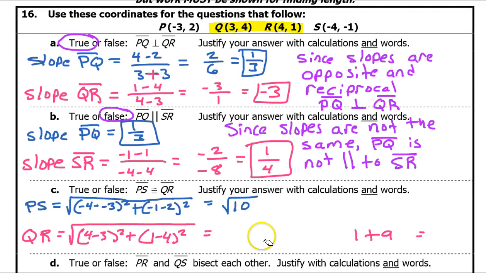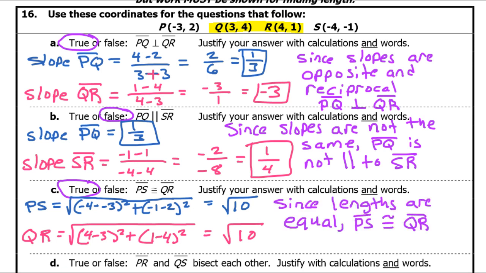I'm just going to compress this down so it all matches up. So this turned out to be the square root of 10, which means these are congruent. I'll write a few words: since lengths are equal, segment PS is congruent to segment QR.